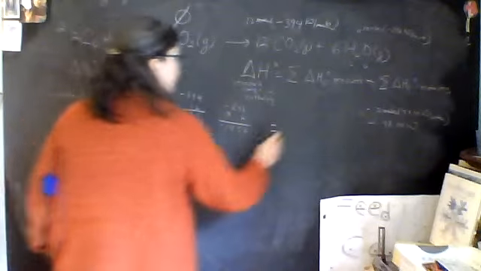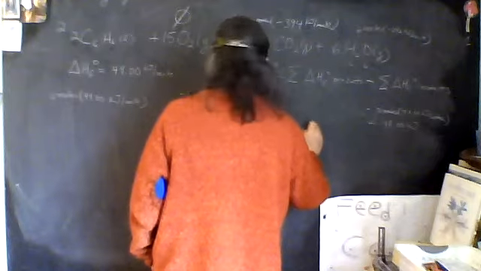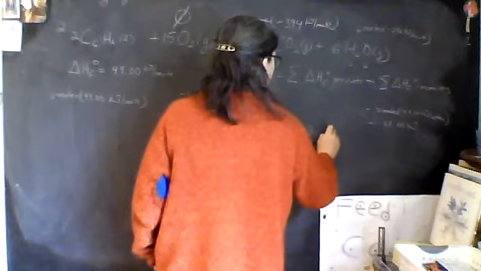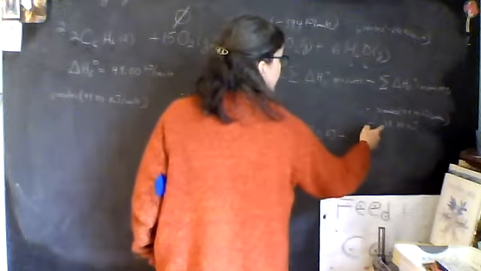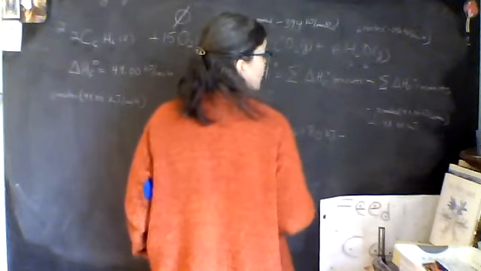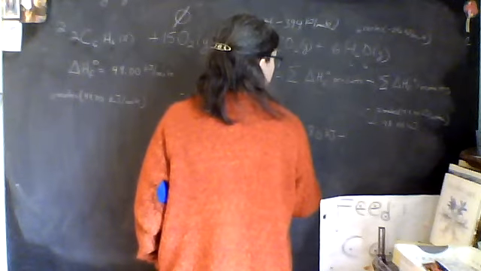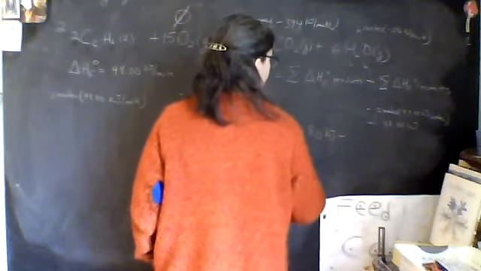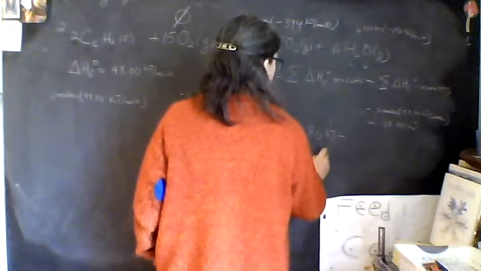So we have negative 6,180 kilojoules minus 98.00 kilojoules, right? And what do you get with that? Negative 6,278 kilojoules.